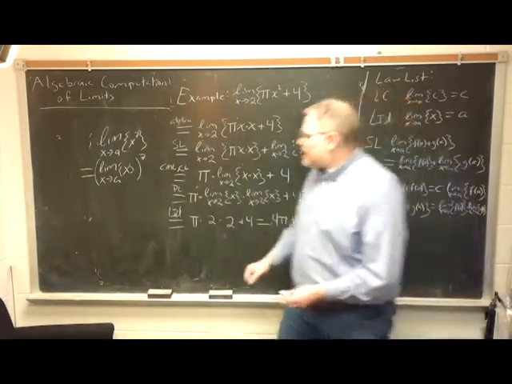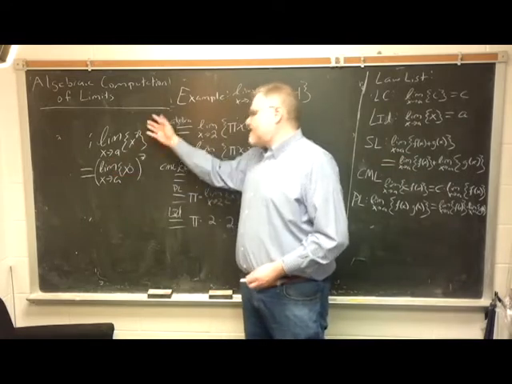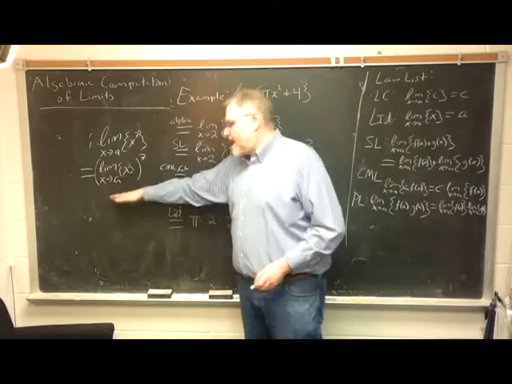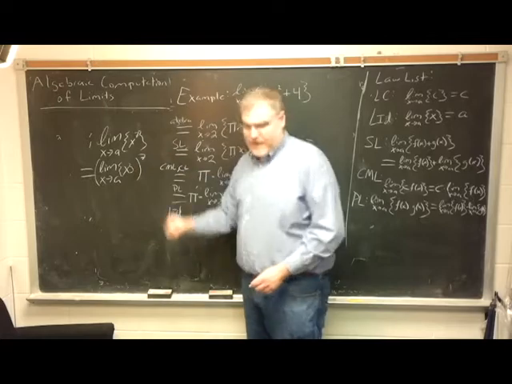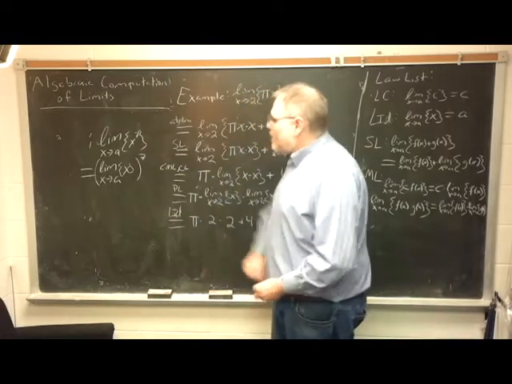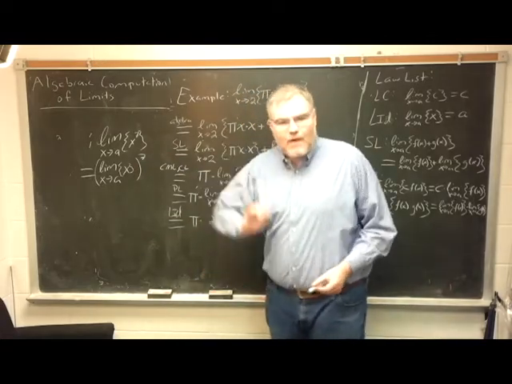And I would have wound up with the fact that the limit as x goes to a of x to the 7th equals the limit as x goes to a of x, all to the 7th. So we're going to have another law there. That's called the power rule.